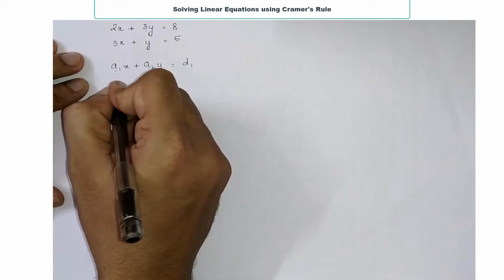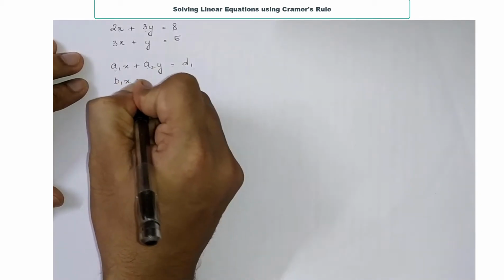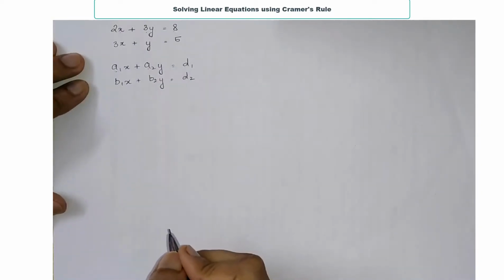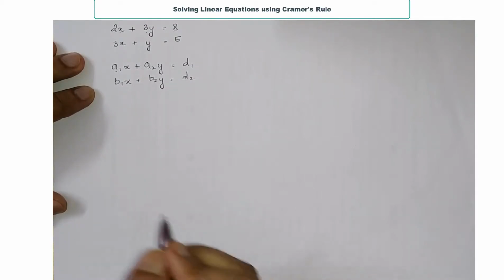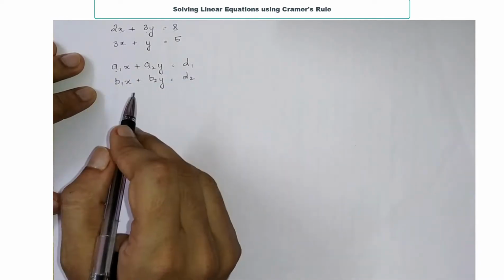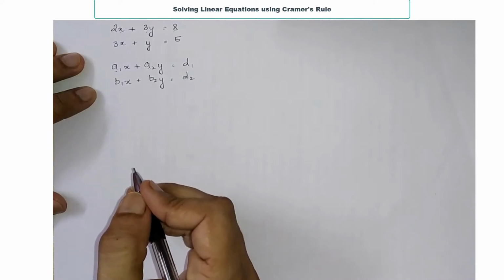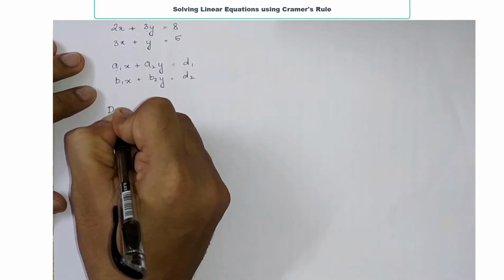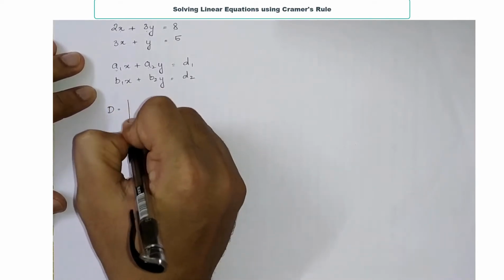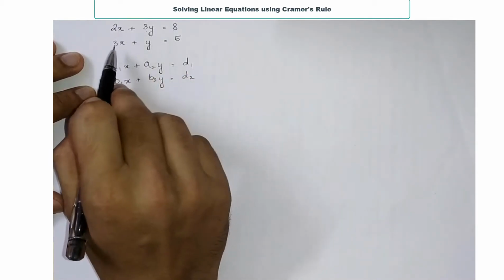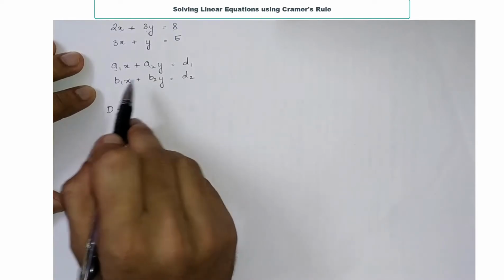This can be rewritten as b1x plus b2y is equal to d2. I'm trying to derive the basic formula of Cramer's rule. To write the basic equation, you have determinant D. D is actually the determinant of the matrix 2, 3, 3, 1, that is a1, a2, b1, b2.